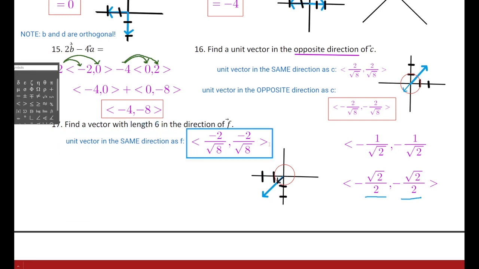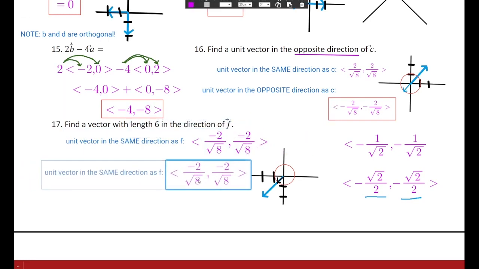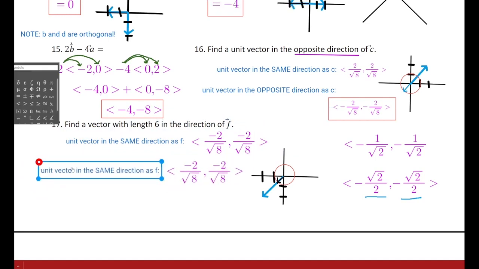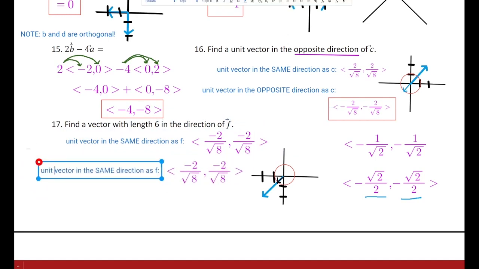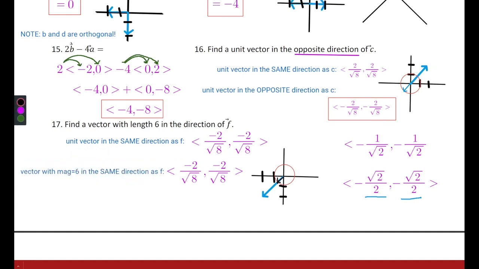So we're going to multiply each one of these components by 6. So instead of it being a unit vector, it will be a vector with magnitude 6 in the same direction as F. So we're now talking about a vector that doesn't have a length of 1 or 2 or 3 or 4 or 5, but 6.